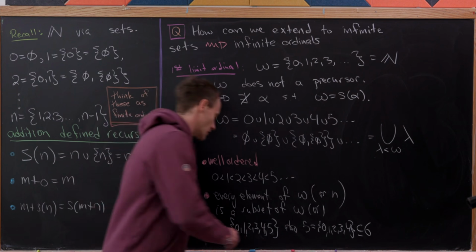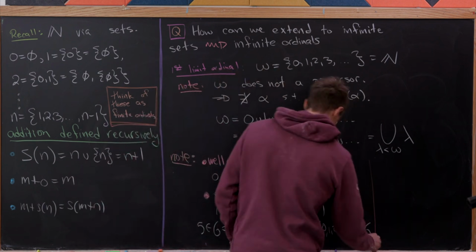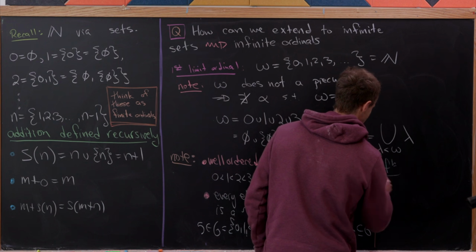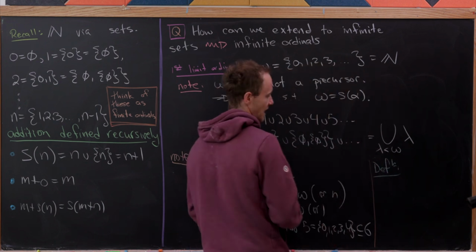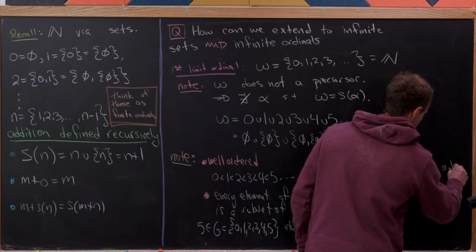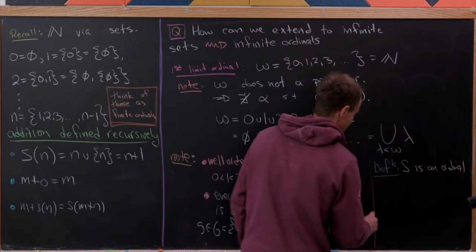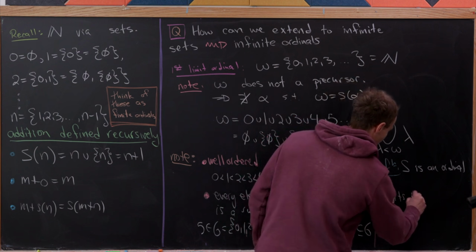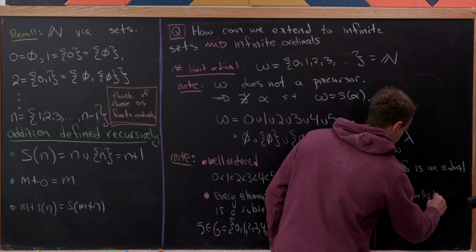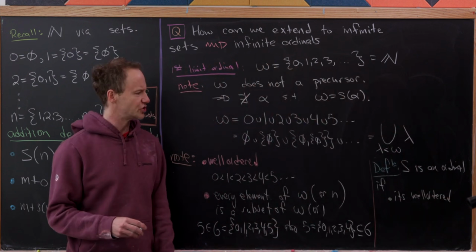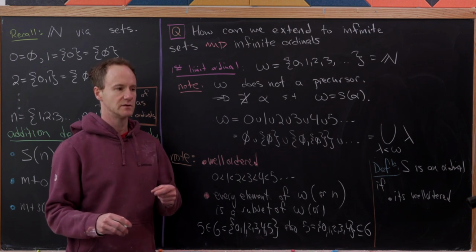Okay, so how could we generalize this, or maybe abstract it to a definition is better terminology. We'd say S is an ordinal, where S is just a set, if, first of all, it's well ordered. I'm not going to look at the precise definition of that; I urge you to look it up if you want to.